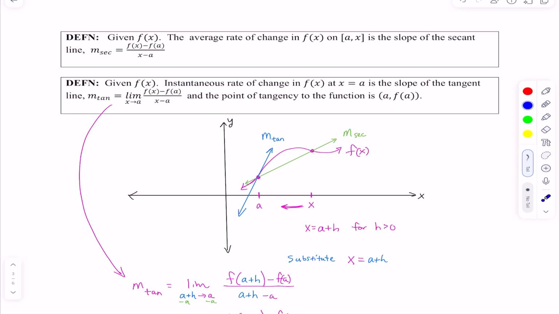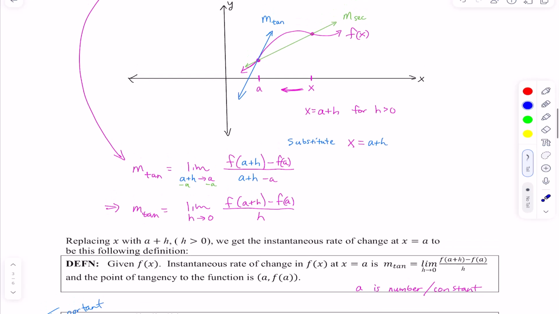The slope of the tangent line is going to be the limit of the slopes of the secant lines. As long as you take more and more secant lines and get closer to the point of tangency, you'll end up getting the slope of the tangent line. So this limit gives you the slope of the tangent line.